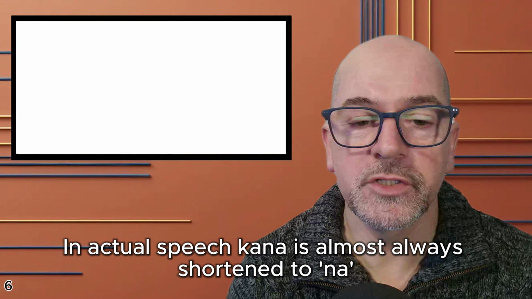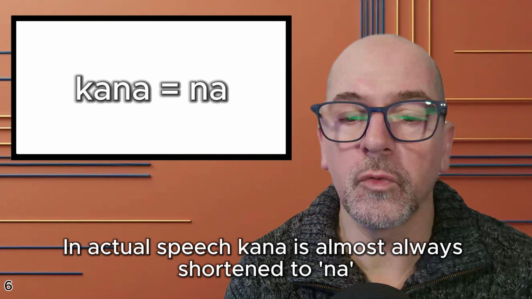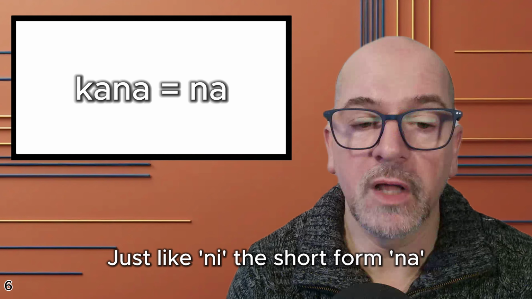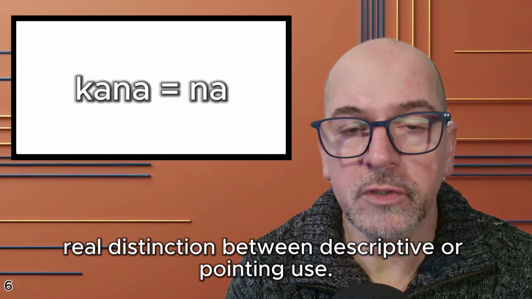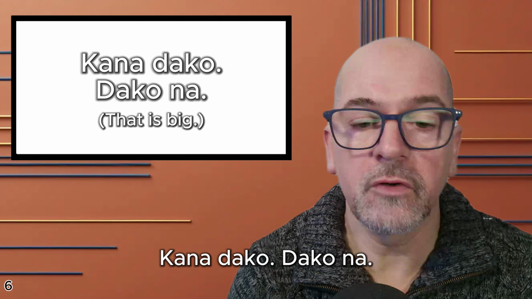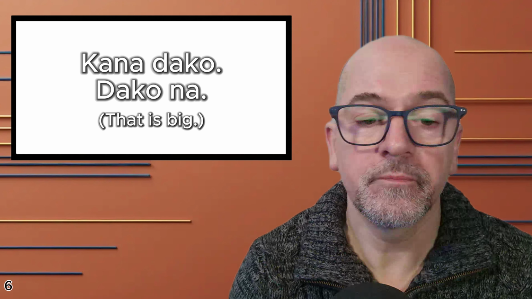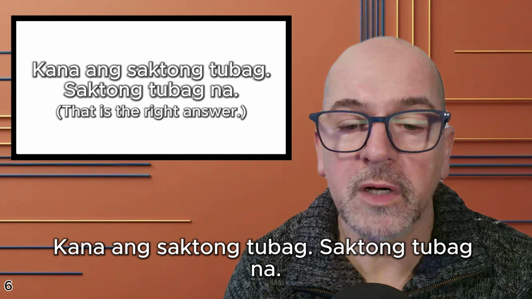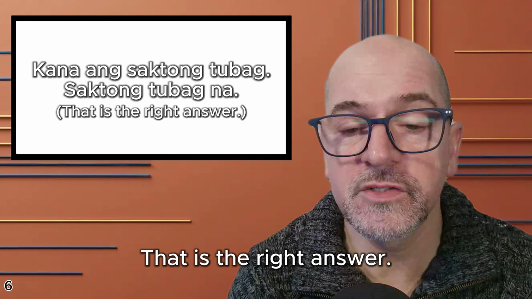In actual speech, kana is almost always shortened to na, just like ni, the short form na. It makes no real distinction between descriptive or pointing use. It's the same. Kana dako na, that is big. Kana ang saktong tubag na, that is the right answer.